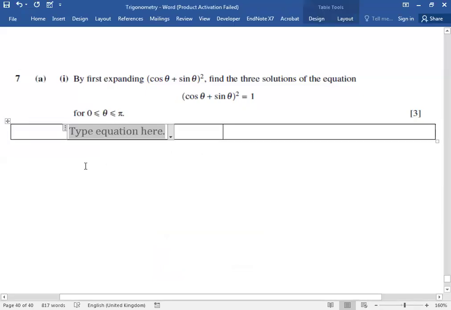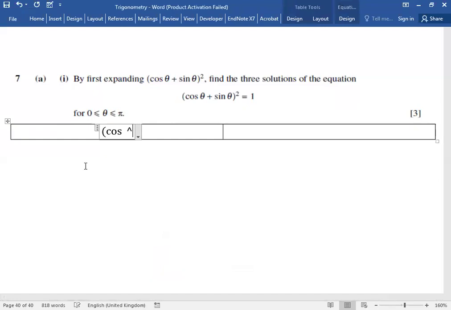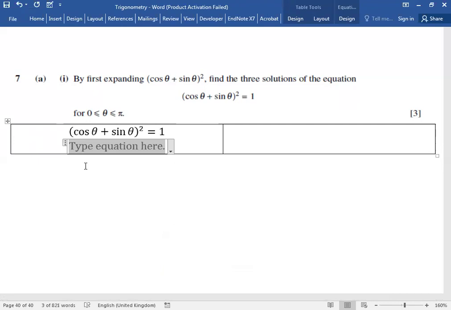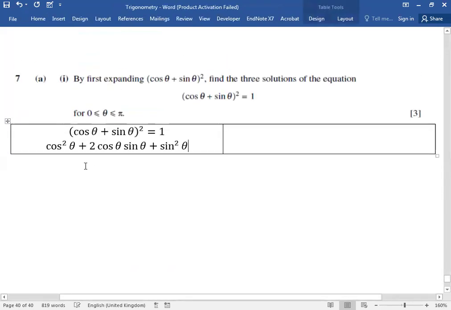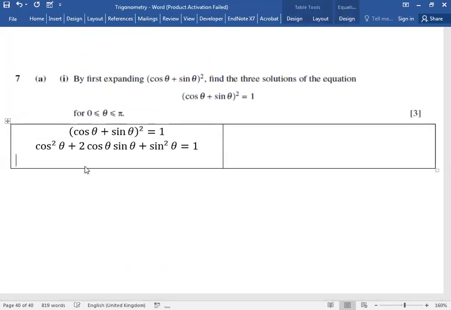How do we expand? Square, we know, is cos theta plus sine theta, and this needs to be squared. Squaring means either multiplying the bracket by itself, or using (a plus b) whole squared. So cos square theta plus 2 cos theta sine theta plus sine square theta is equal to 1.